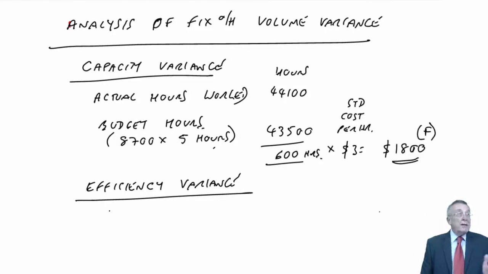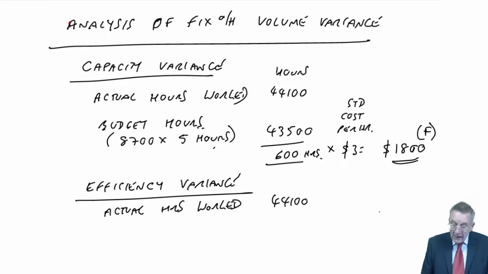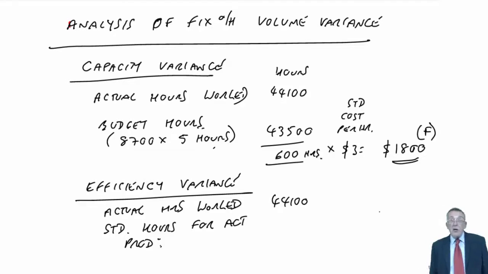To see whether they're working faster or slower, we take the actual hours worked, 44,100, and we compare it with the standard hours for the actual production. How many hours should they have worked for our production?